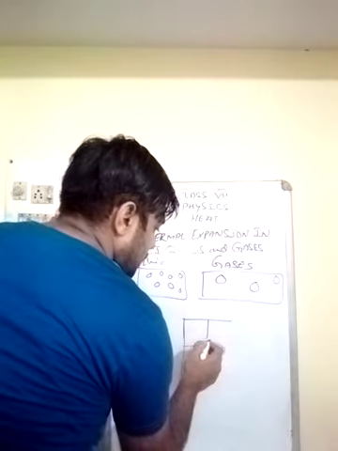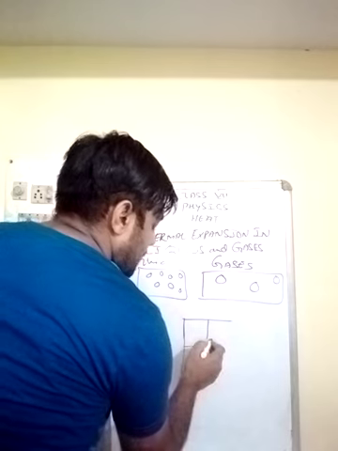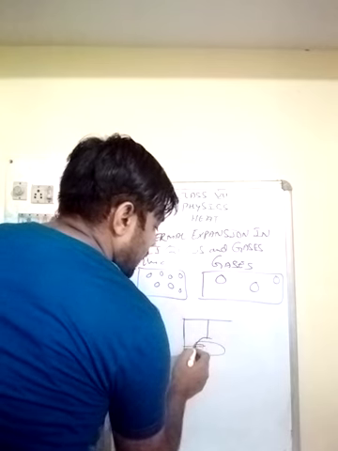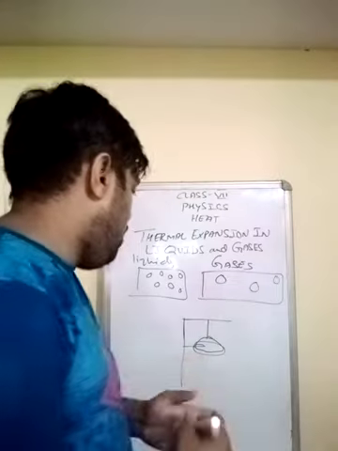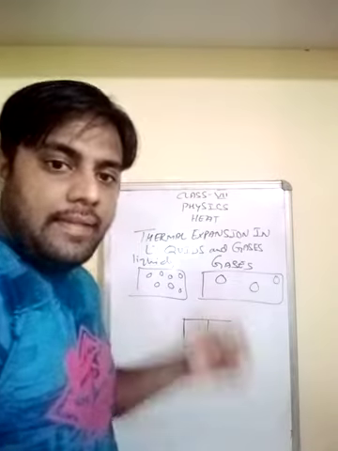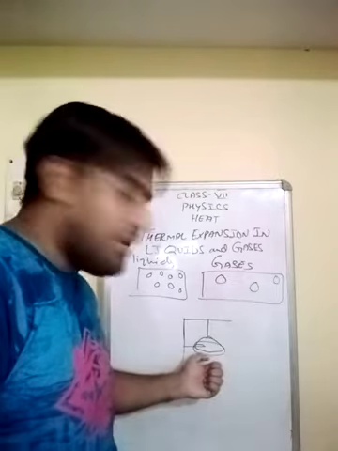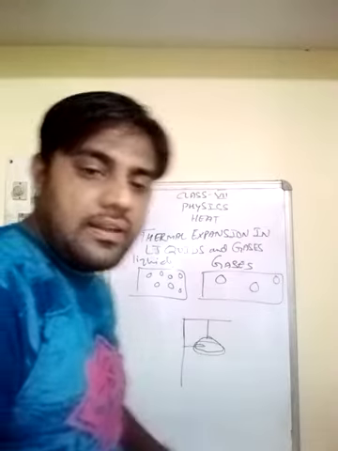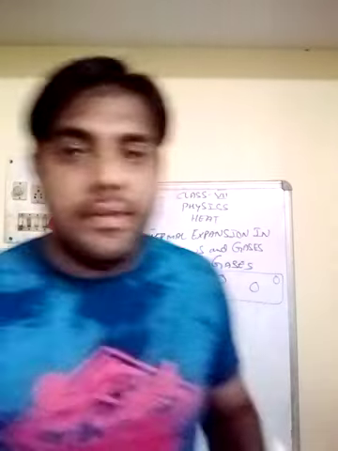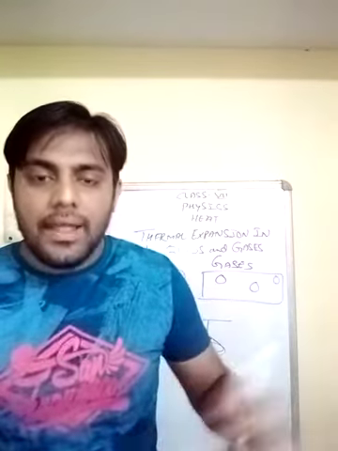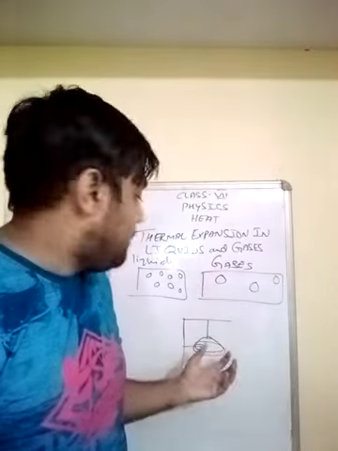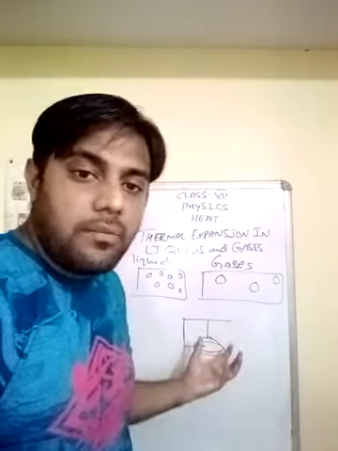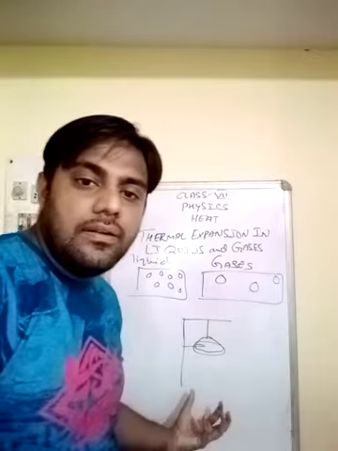Take a metal ball which is equal in size to the circumference of the ring and put it on. Now start heating the ring below. As the ring is heated, the ring will expand, becoming bigger in circumference than that of the metal ball, and the metal ball will slide down.